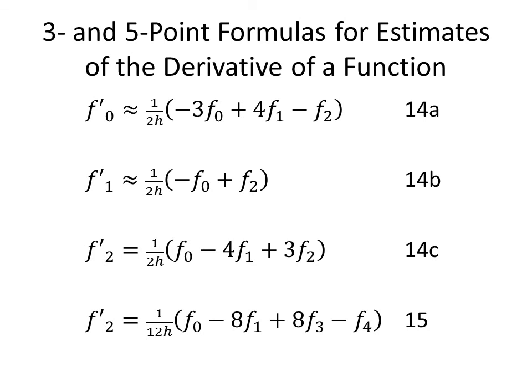To find the best estimate of the derivative at the left side, you'll want to use equation 14 point A. And to come up with the estimate of the derivative at the rightmost point, you can't use a centered formula like 14 point B. You'll need to use 14C, so that when you have 3 points, x0, x1, and x2, and the function values f0, f1, and f2, in order to come up with the estimate of the derivative at x2, you'll need 14c.